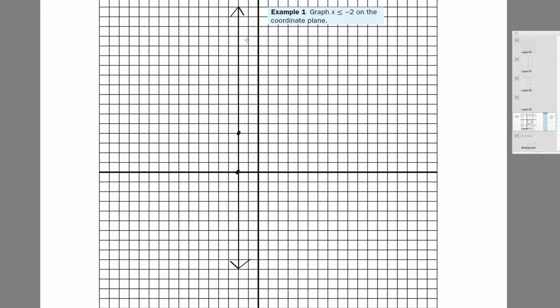But for x is less than or equal to negative 2, for this to be true, it has to be to the left of the line, because it could be -5, -10. It can't be 1 or 10 or 0, because those aren't less than that. So what I'm going to do is shade in this region.